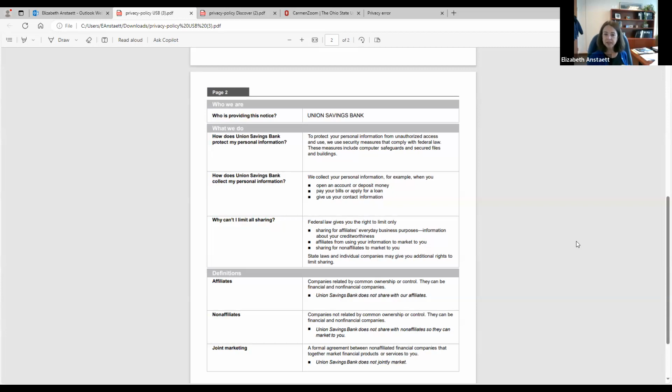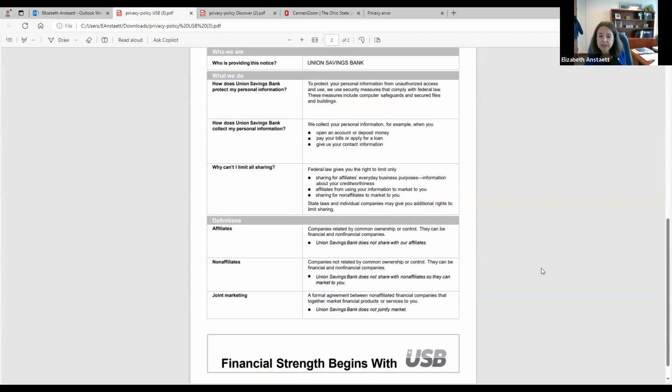And then it says because federal law only gives you the right to limit certain types of things. And this is basically putting you on notice that there's other sharing going on that you can't prevent. And then it talks about the affiliates and the non-affiliates and the joint marketing, but because this institution doesn't do any of these things, these parts are essentially blank.